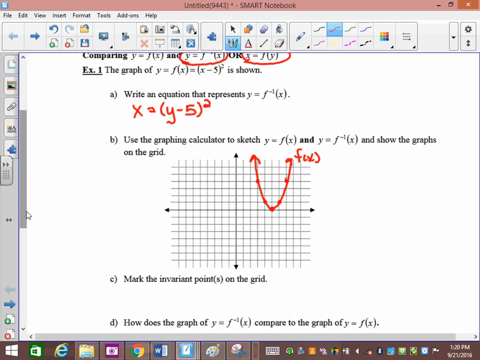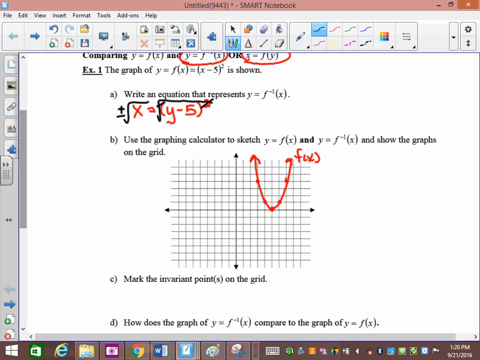So I have (y minus 5) squared. I need to get rid of the square first, so I'm going to take the square root. When I take the square root of anything, I have to put a plus or minus sign in front of it. Do not forget that, or you will only get half of the inverse graph.